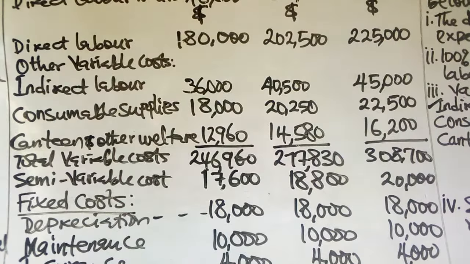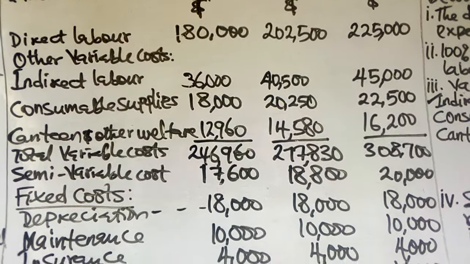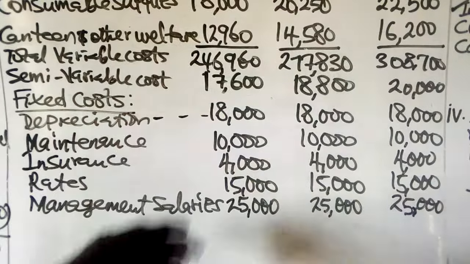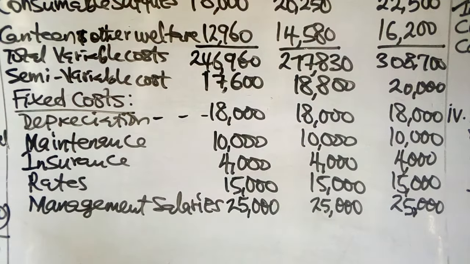Then from our total variable cost, total variable cost plus semi-variable cost, then plus fixed cost.